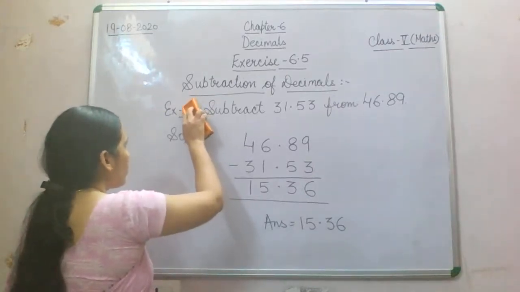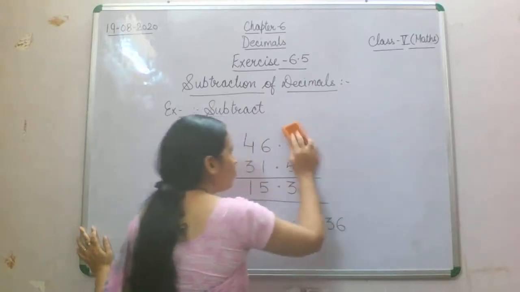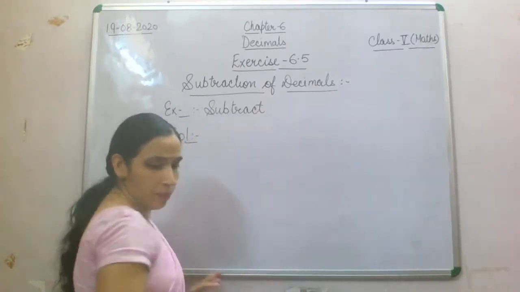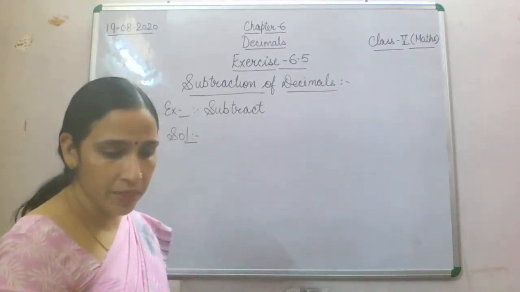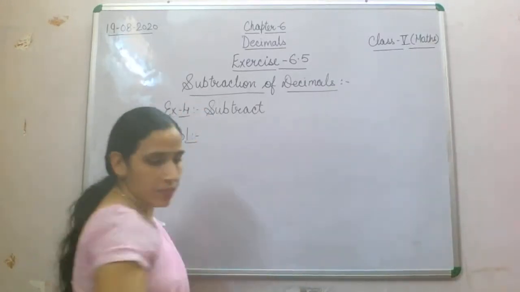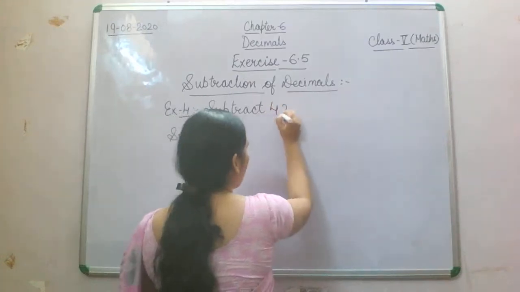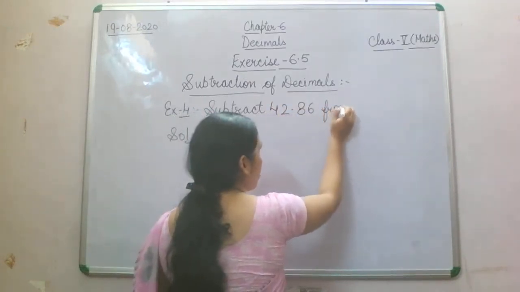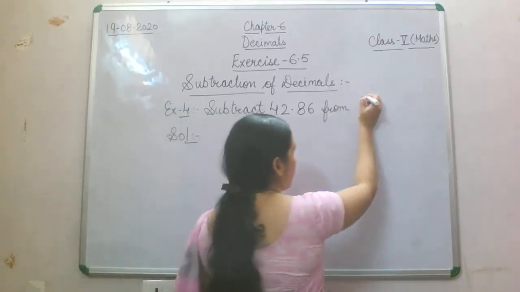Let's see the fourth example from your book. How will you do the subtraction in example number 4? This example is a little bit different. Subtract 42.86 from 59.7.